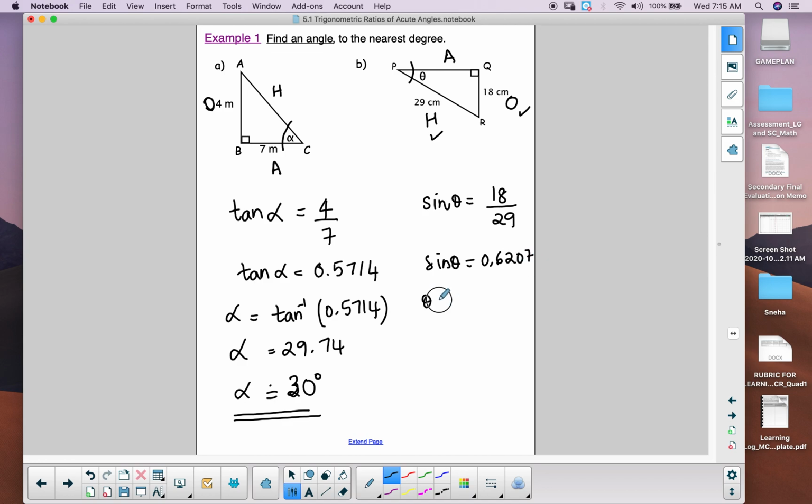And theta, which is what we want to solve for, is the sine inverse of 0.6207. So using our calculators, we'll find that sine inverse of that is 38.366, but we want to round our answer to the nearest degree, so theta is approximately 38 degrees, and that's our answer.